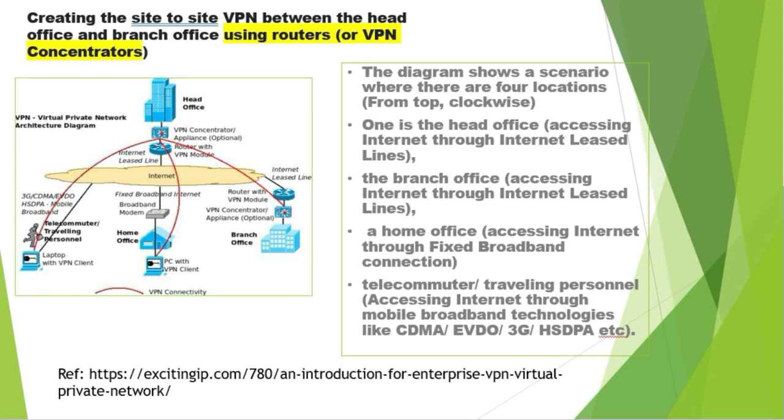Also a telecommuter, or now people working from anywhere, we can call that. They can access the internet through mobile broadband technology. So you are able to access from a wireless network, for example, your 5G network. This information in the slide may be a little bit old, but you can adapt it to the current technology, for example, 5G.